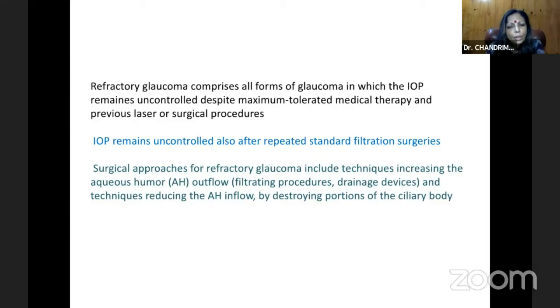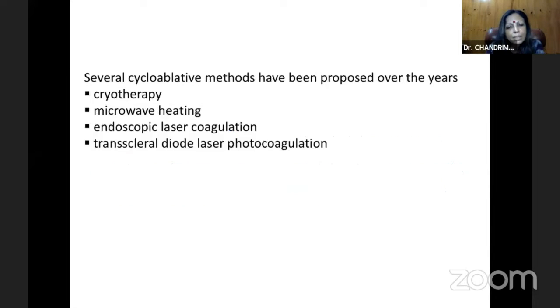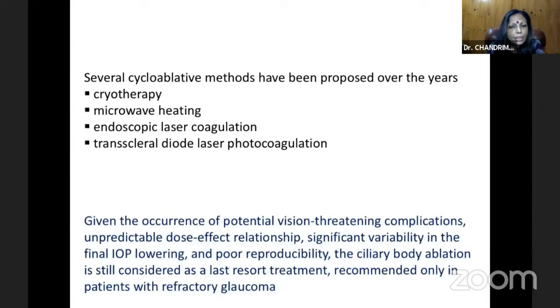humor outflow, that's filtration procedures or drainage devices, and techniques reducing the aqueous humor inflow by destroying portions of the ciliary body. Now, several cycloablative methods have been proposed over the years, like cryotherapy, microwave heating, endoscopic laser photocoagulation, transscleral diode laser photocoagulation.